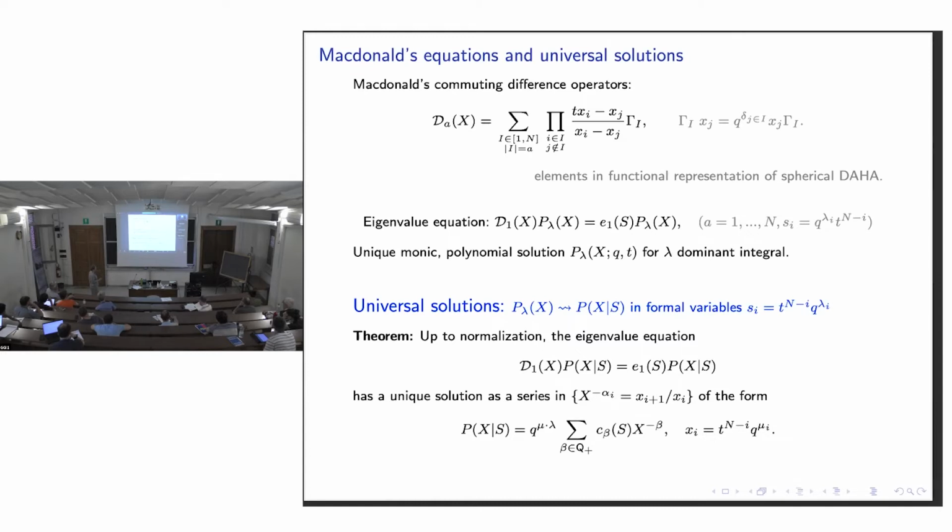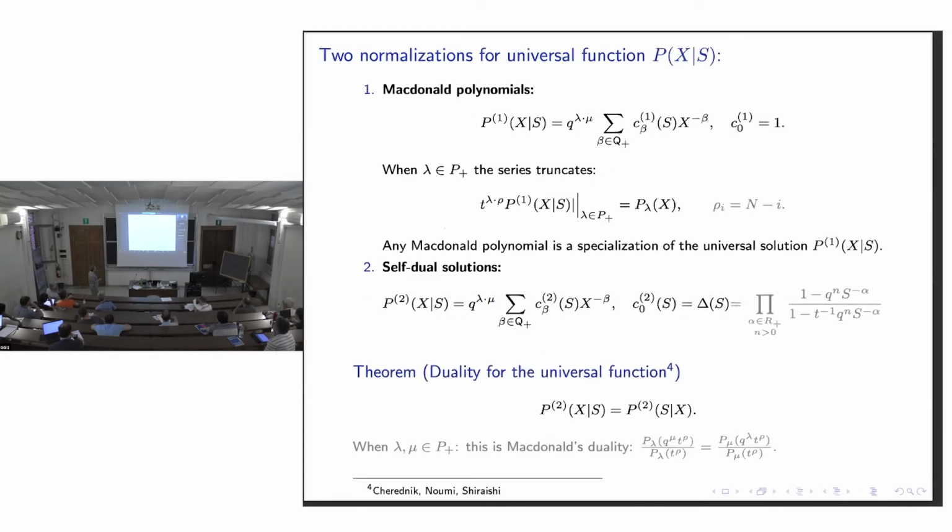Okay, this might look complicated. This is called the universal solution, and here's the reason. There's a natural normalization that you can pick for this thing. You can pick C0 to be 1, and whenever lambda is an integer partition or a dominant integral weight, this series actually truncates.